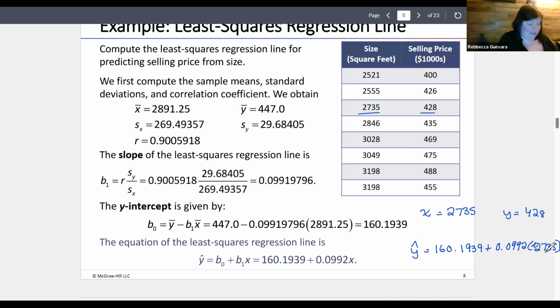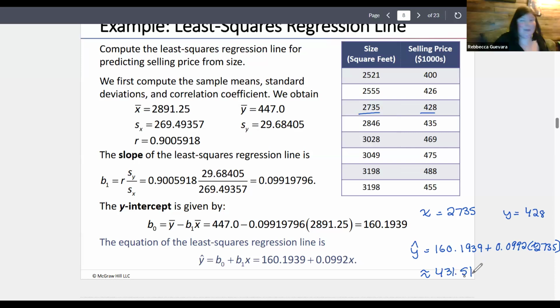My y hat, if I plug this into the formula, is 1939 plus 0.002 times 2,735 square feet. There we go. We're getting this as a price.